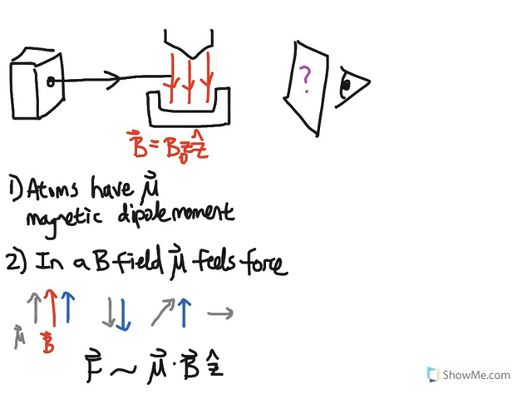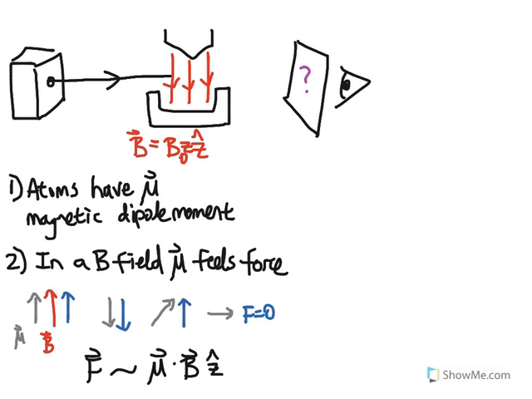If you had a dipole that was pointing this way, then you would have no force, because the dot product between them is 0. You can imagine that since the dipole points perpendicularly to the direction of the B field, there isn't any part of the magnetic moment that the field can act on.